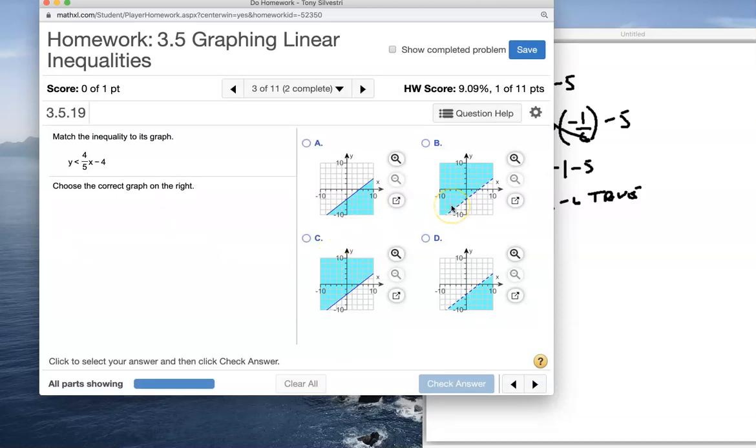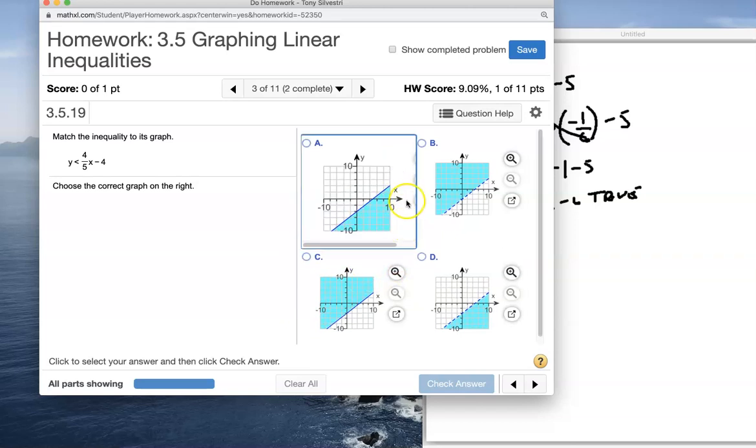Now we're going to start graphing, and boy, what the heck does this mean? This looks kind of complicated. The first thing you're going to have to understand when you answer questions like this is this less than does not have an equal sign associated with it. This is just truly a less than. And so if that's a less than with no equals, do not pick a solid line.